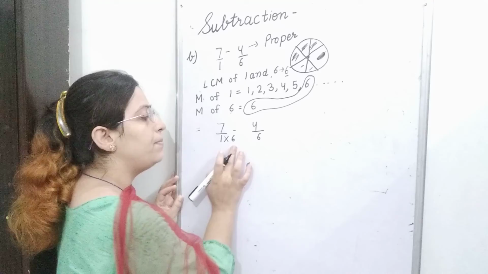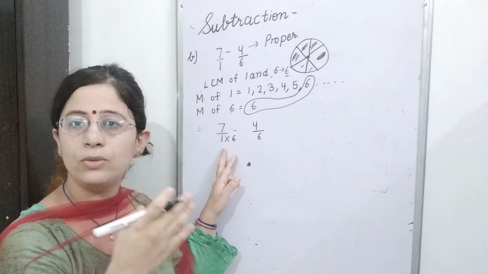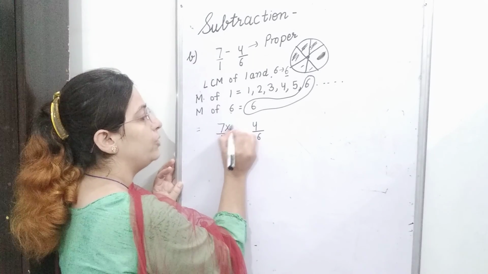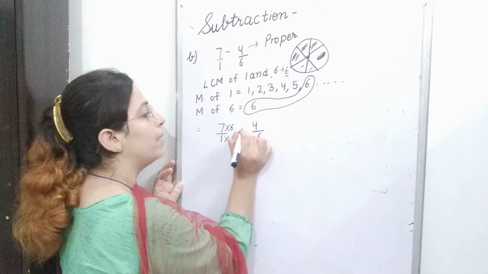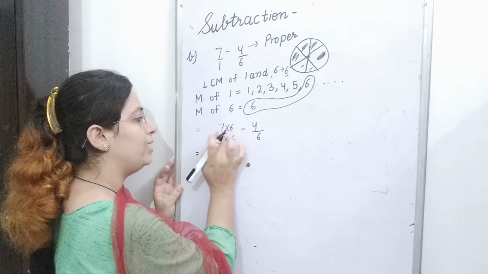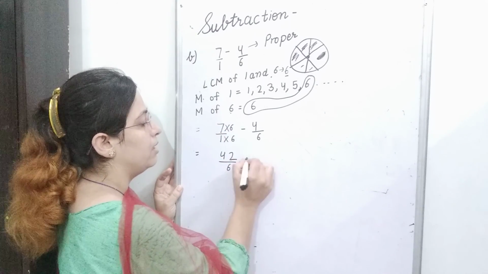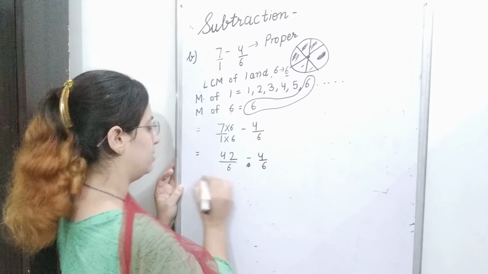And if I multiply the denominator by 6, then I have to multiply the numerator also by 6. So let us multiply the numerator and denominator both by 6. Now solve it. 7 times 6 is 42 by 6 minus 4 by 6.